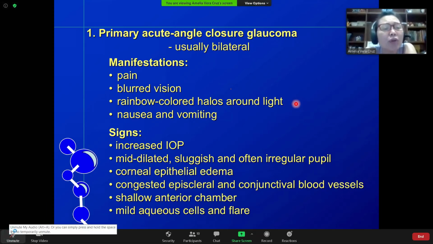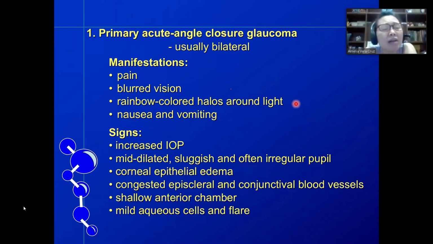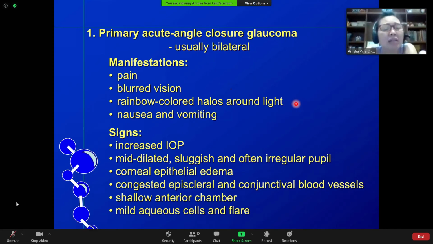Now, if your IOP is high, you will stimulate your vagus nerve. Kaya nasusuka ka. Pag sudden increase. But in chronic increase, just like your open angle glaucoma, hindi mo yan mararanasan. Pag mga sudden lang.